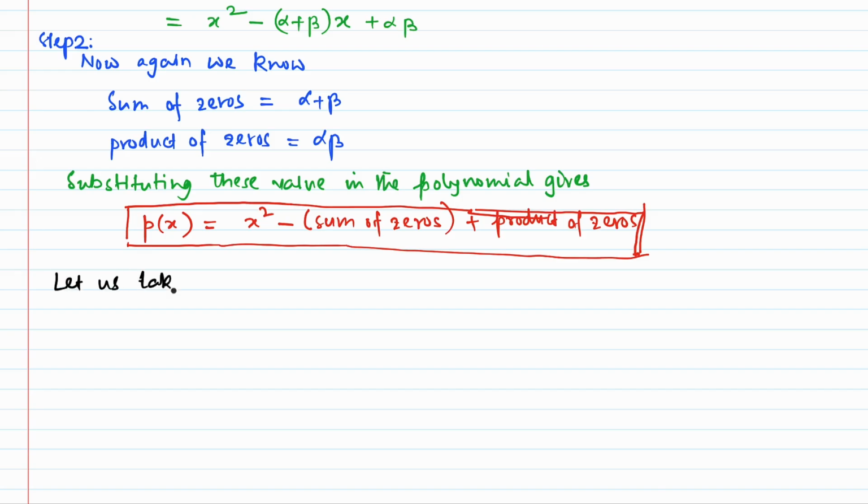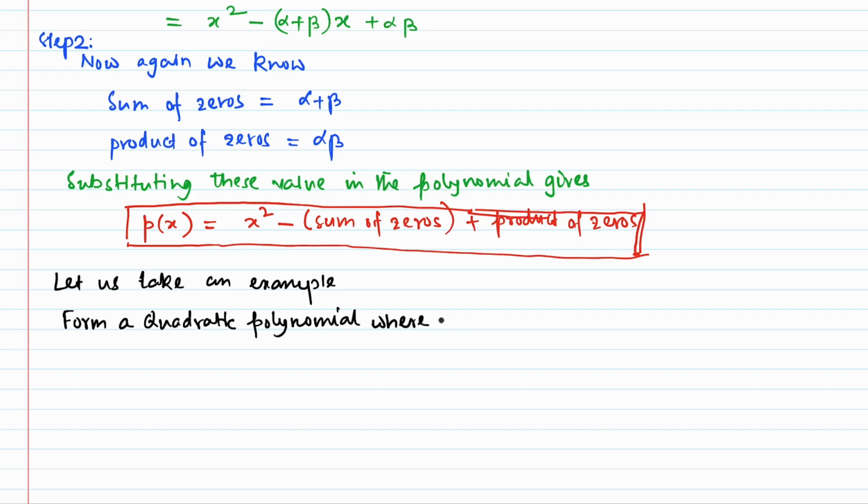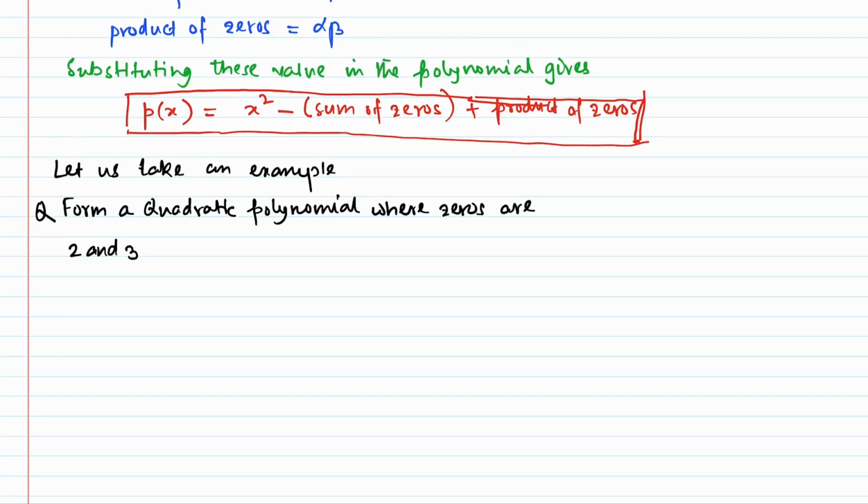So let us now take an example in which we will use the above formula to form the quadratic polynomial. Form a quadratic polynomial whose zeros are given as 2 and 3. So what does this mean? Let's solve this problem.